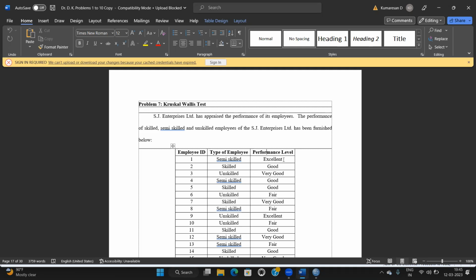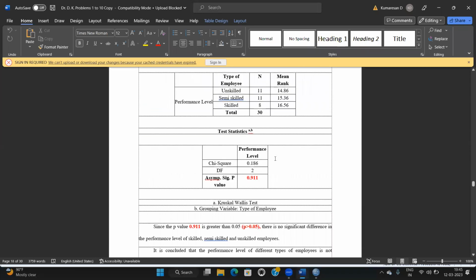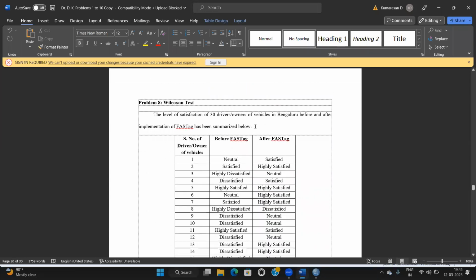So next we shall move on to the Wilcoxon test. This is the third type of test. Simply by seeing the data, you can say it is similar to the paired t-test, because before, after.